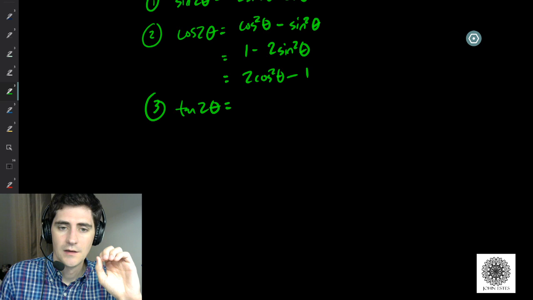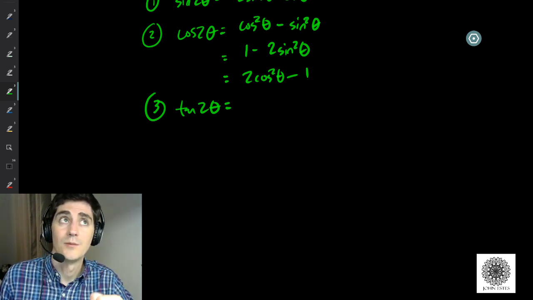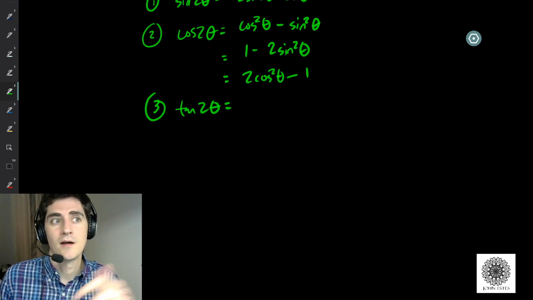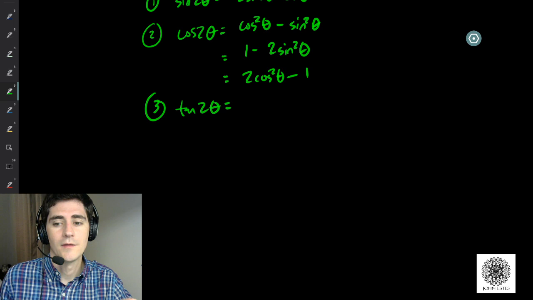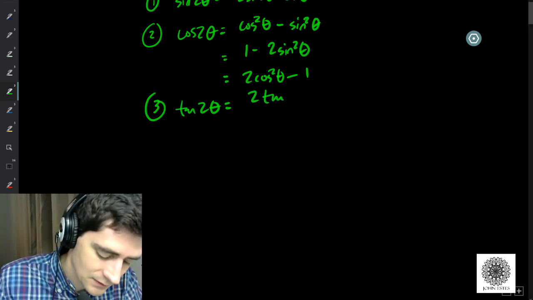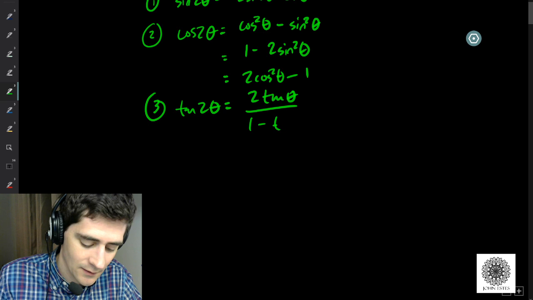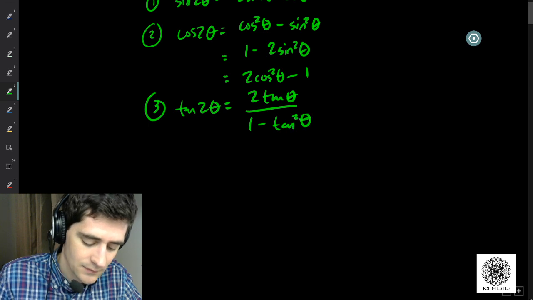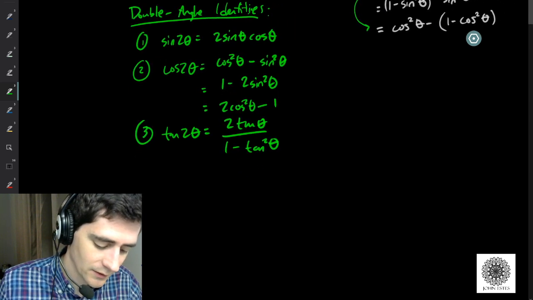It was tan a plus tan b divided by 1 minus tan a times tan b. So if I replace a and b with thetas, you end up with 2 tangent theta over 1 minus tan theta times tan theta, tangent squared theta. These are my double angle identities.